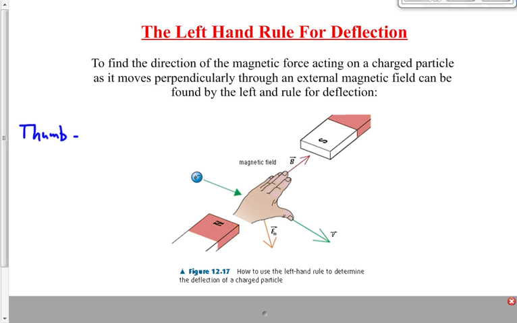Your thumb points in the direction of the moving charge. That's exactly the same as rule number one, the wire grasp rule. Not the same as the coil rule, but the same as the wire grasp rule. My fingers, this time they're not clenched. This time they're stretched out straight.